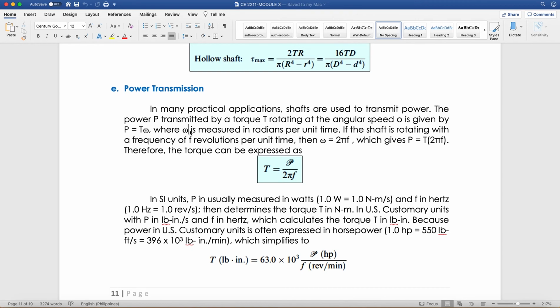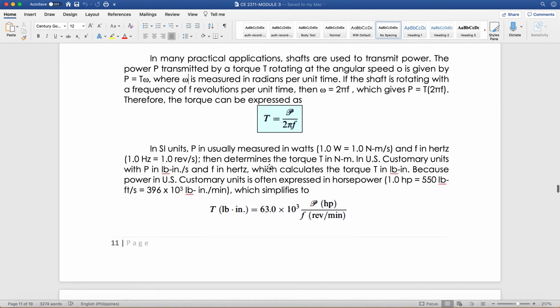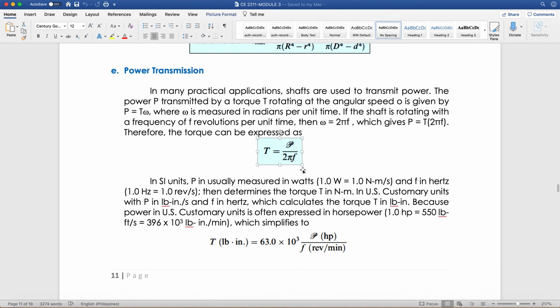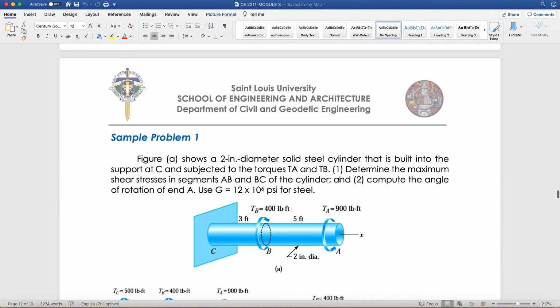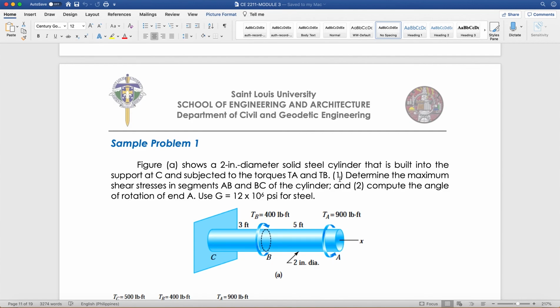Anyways, you will be meeting this more often. Okay, so this is the formula for power transmission. So, torque is equivalent to P divided by 2 times pi times f. So 2 pi f is your angular velocity. Okay, so for problem solving, it would be handwritten.